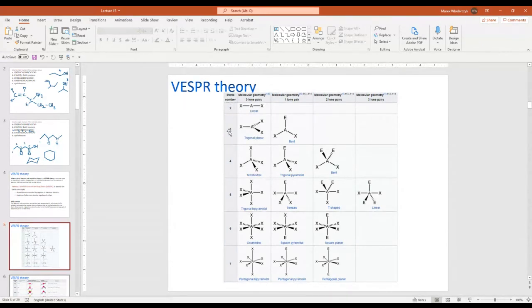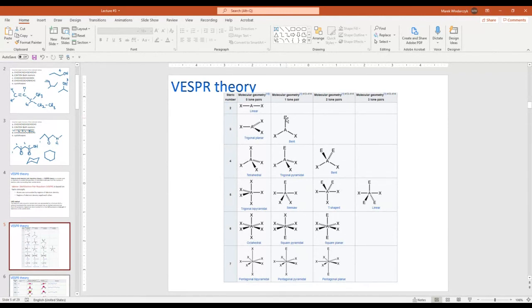Actually, the steric number is the number of your ligands and lone pairs of electrons together. If it's equal to 3, and you have 3 ligands connected to your central atom, then you have a trigonal planar structure, or it can also be bent. It's bent because in the second example here, we have 1 lone pair of electrons.